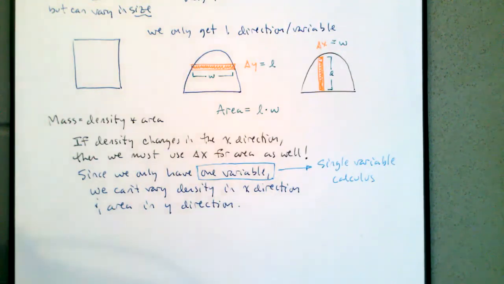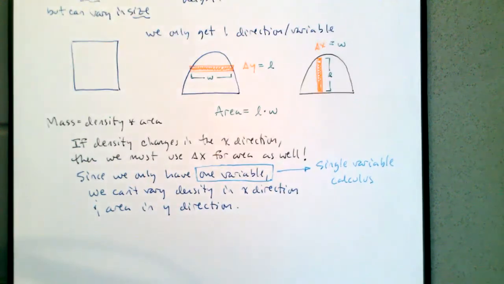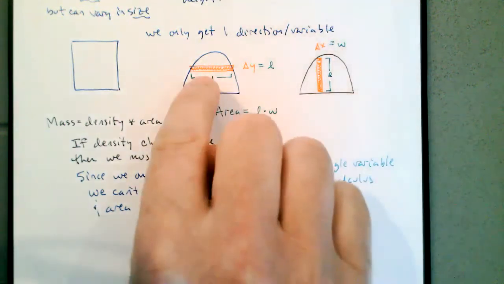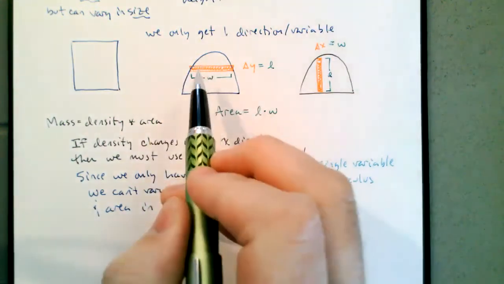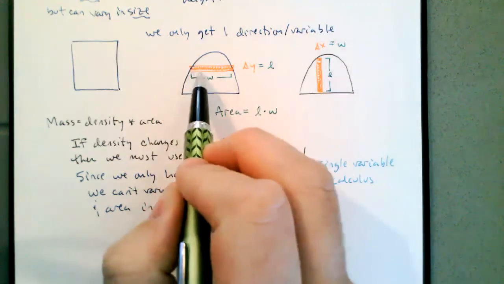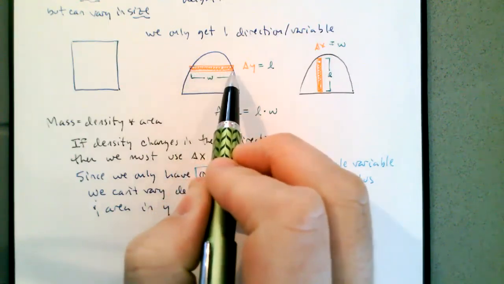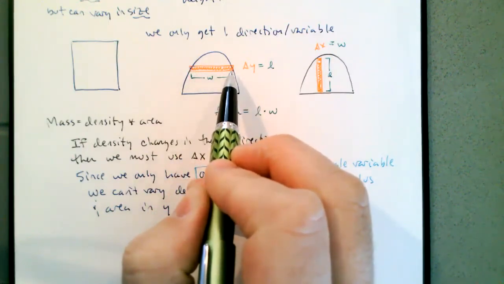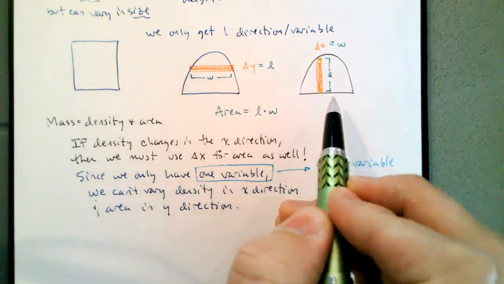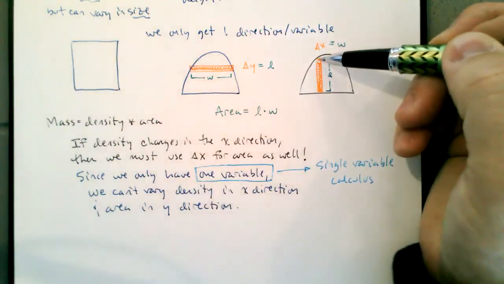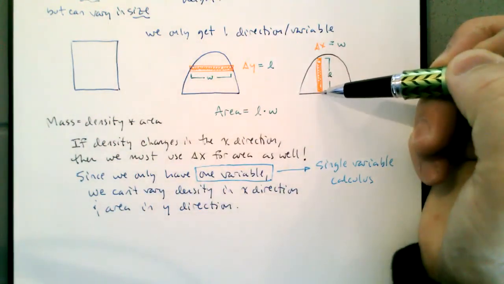And when we talk about these slicing problems, we slice where things are constant. When I say if density changes in the x direction, then we must use the delta x for area as well. So if the density is varying in the x direction, I can't use this delta y slice because the density is not constant throughout that whole slice. But with a delta x slice, the density is constant at this slice.